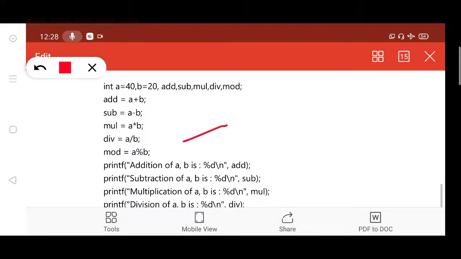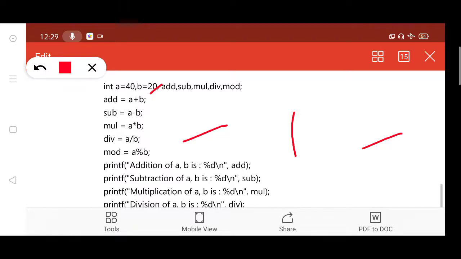Here int a is equal to 40, b is equal to 20.